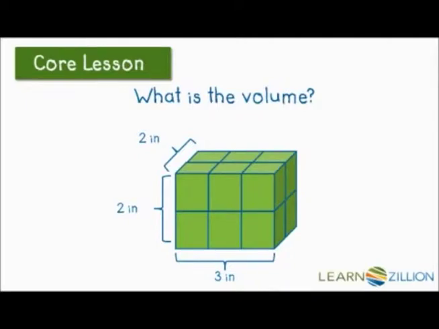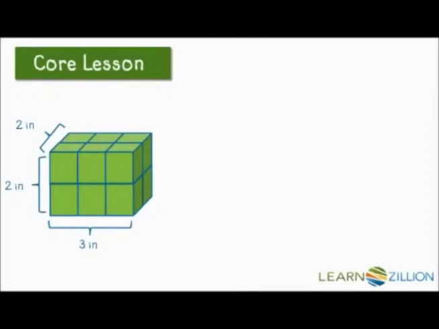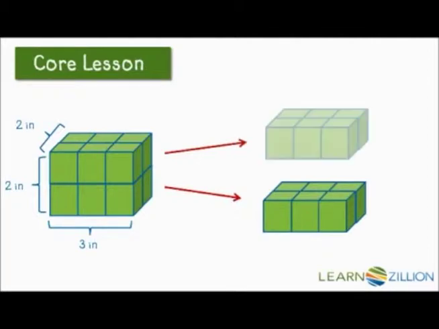We're going to take a very interesting approach today, and that approach is we're going to look at how many layers are in this rectangular prism. So when I look at this prism, I see 1 layer on the bottom, 1 layer on the top. And I say to myself, if I could figure out how many cubes were in each layer, I might be able to find out the volume of this solid.